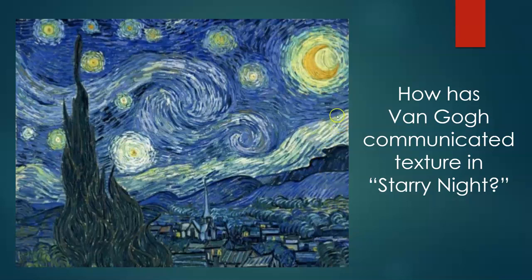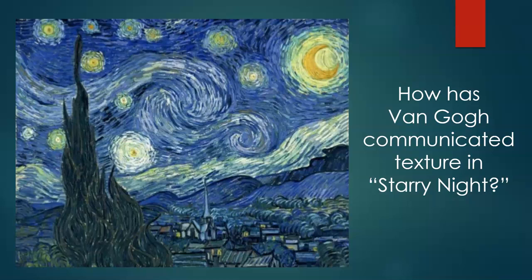Vincent had a way of painting that was unlike any other at his time. He used his brushes and drew lines over and over and over. He changed colors often, but you can see that the entire sky, the entire tree in the foreground, this is a cypress tree, all the mountains, all the rolling hills, all the rooftops, everything is made up of different colored lines of different shapes, different sizes, different widths, different curvatures or angles.